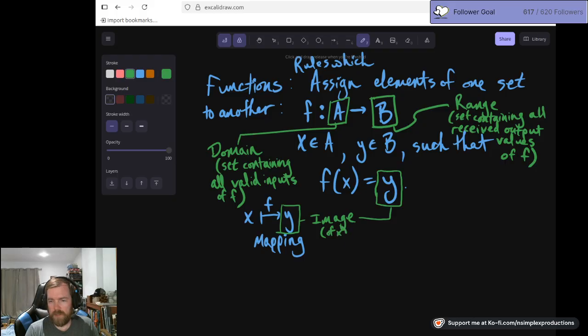And usually we say that y is the image of x. So if the range is different, it's a different function.